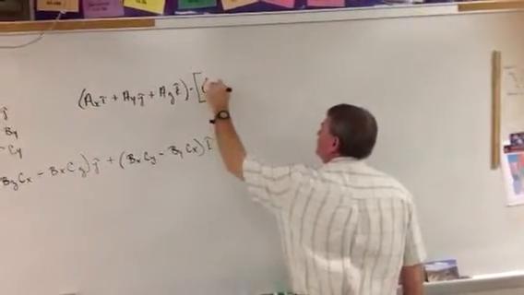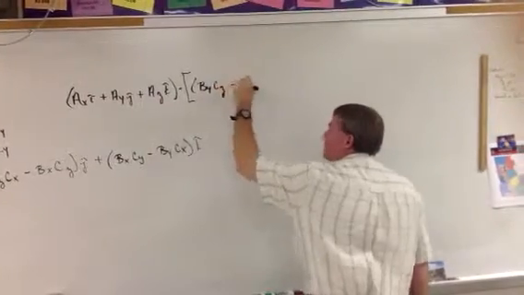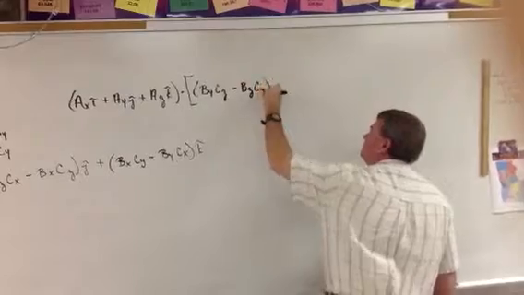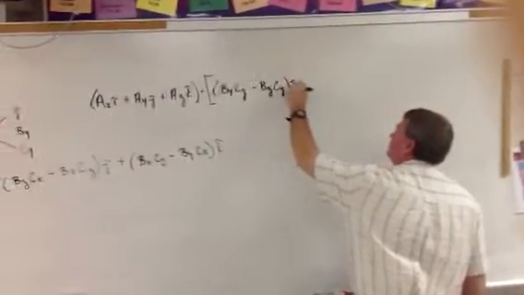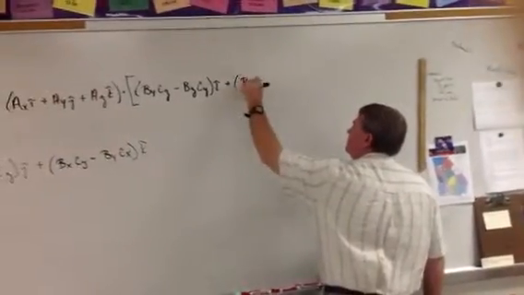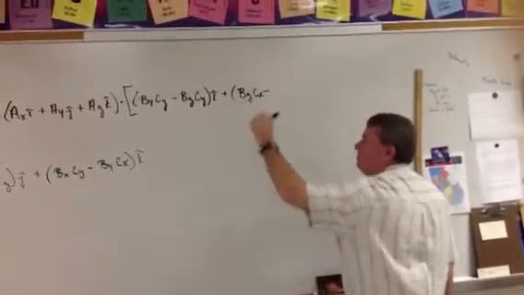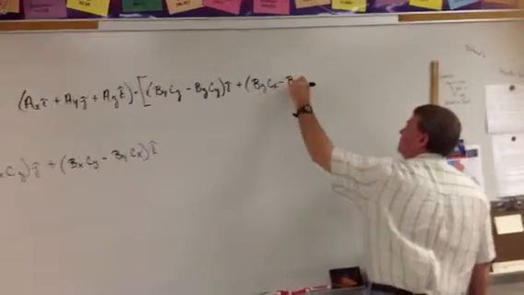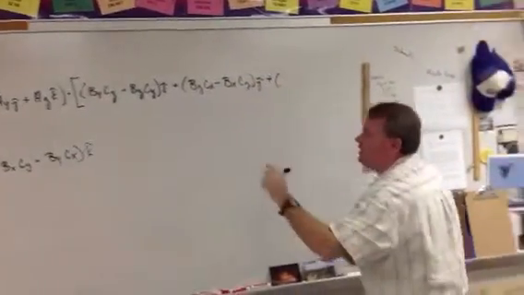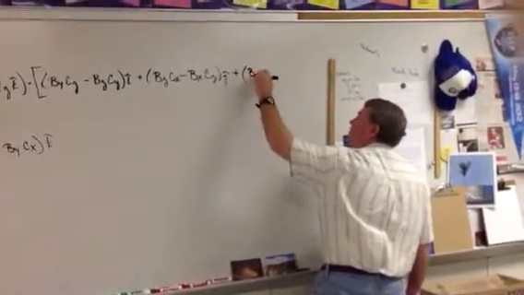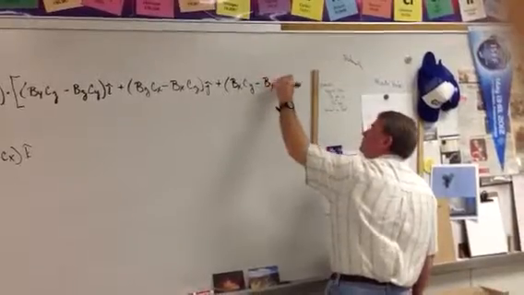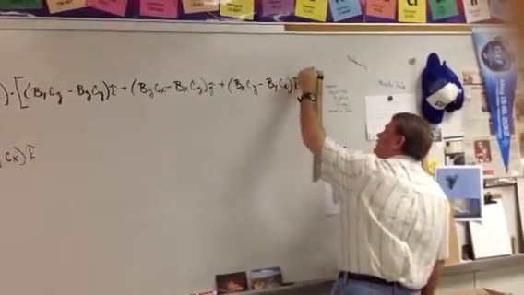ByCz minus BzCy in the i caret direction, plus BzCx minus BxCz in the j caret direction, plus BxCy minus ByCx in the k caret direction.